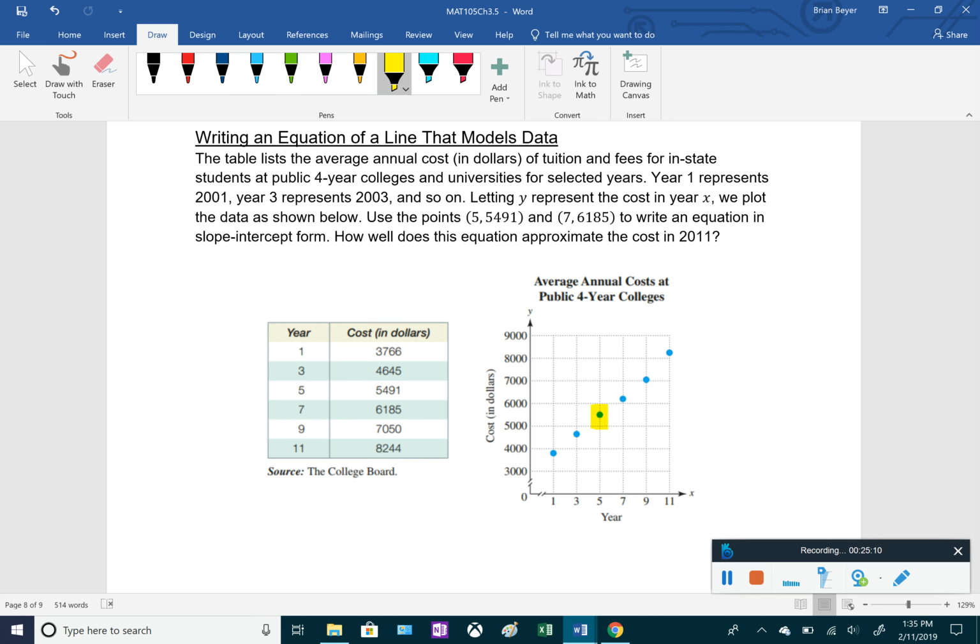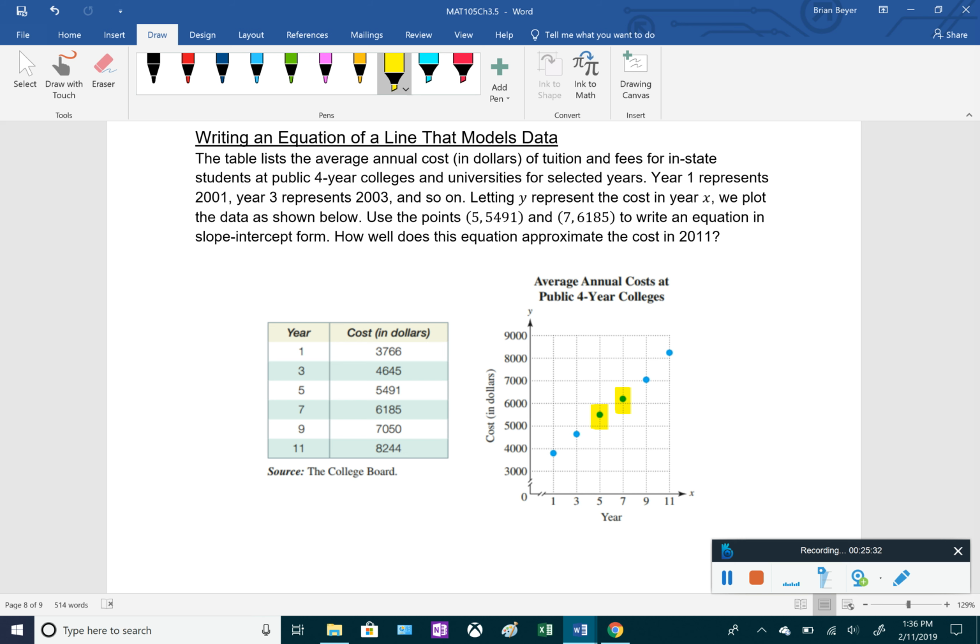Then we're going to use the point right next to it, which is 7, 6,185. 7 represents the year 2007, so in the year 2007 the average cost was $6,185. So we're going to use those 2 points and write an equation in slope-intercept form.